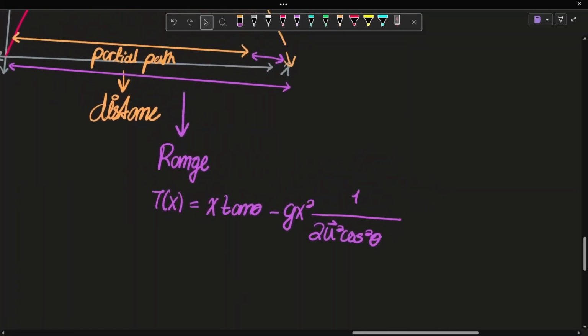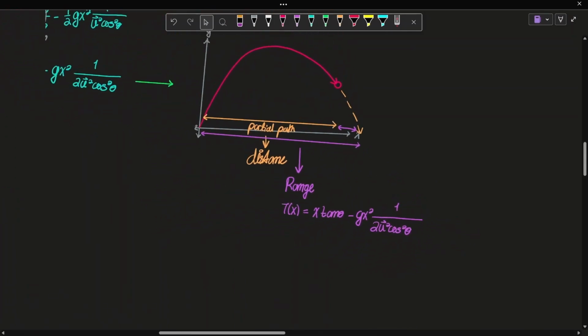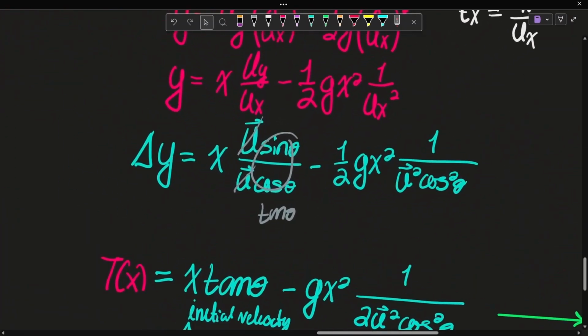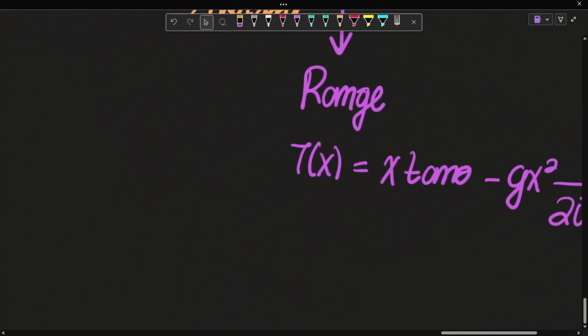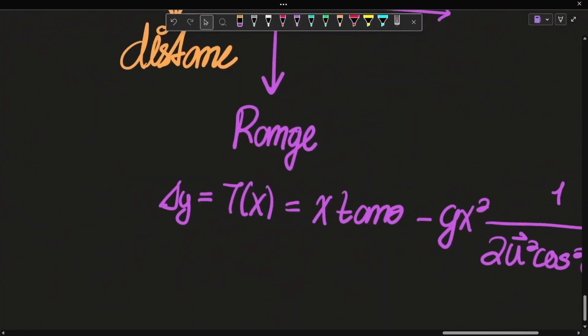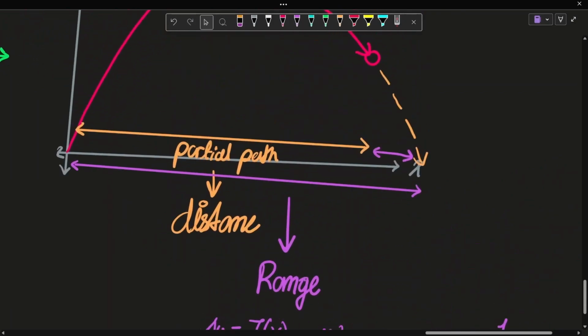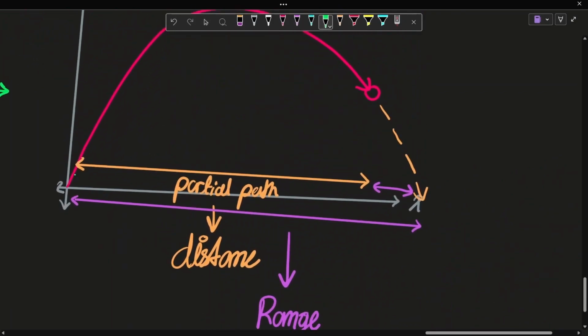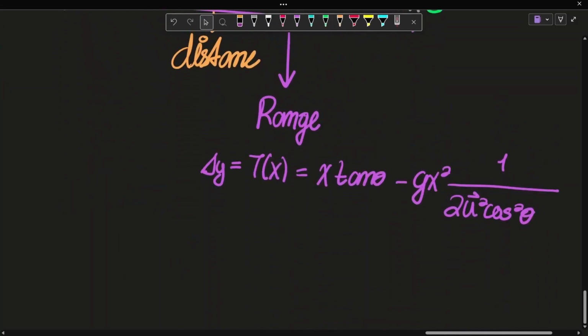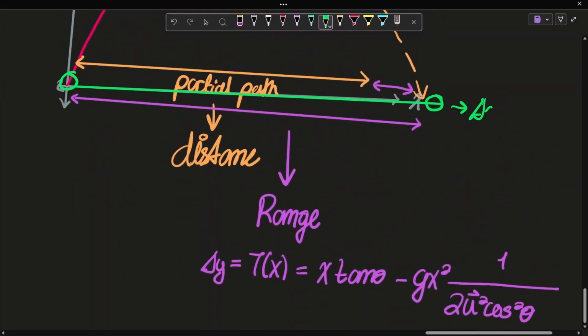There you go. Now what we know from here, going back to what I said, is that y of x is the same as the change in y. So if you start and end at the same point, that means our change in y is 0.